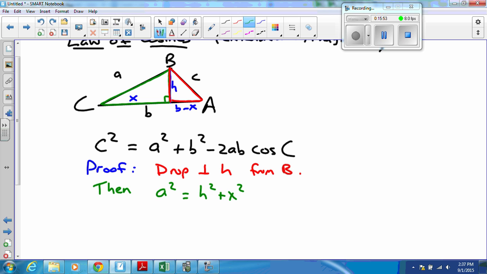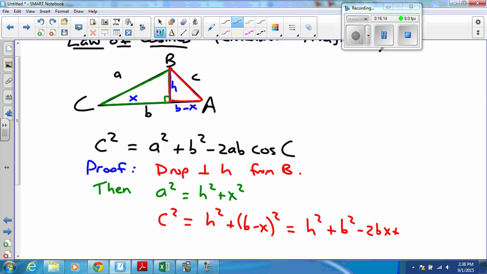And if I apply it to the red triangle, then I get c squared is equal to h squared plus the quantity b minus x squared. Now this could use a little bit of algebraic simplification. So we're going to do h squared plus b squared minus 2bx plus x squared. And that gives us an expression for c squared.